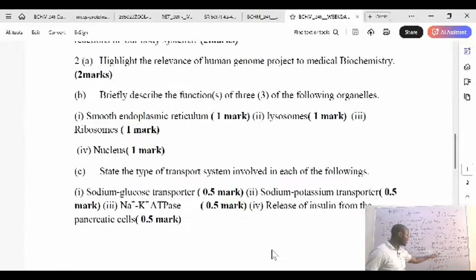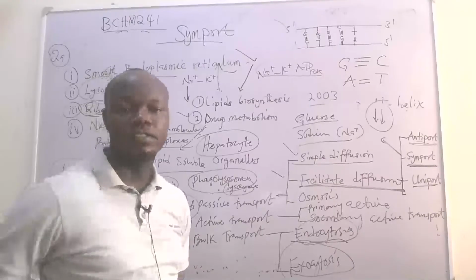But is it primary active transport or secondary active transport? That is the question.